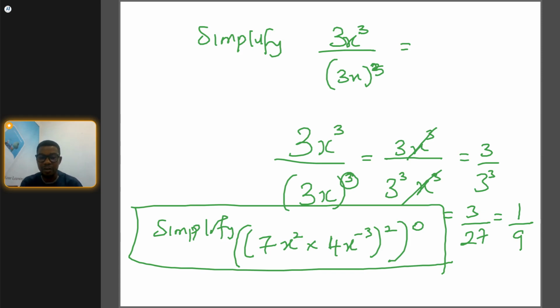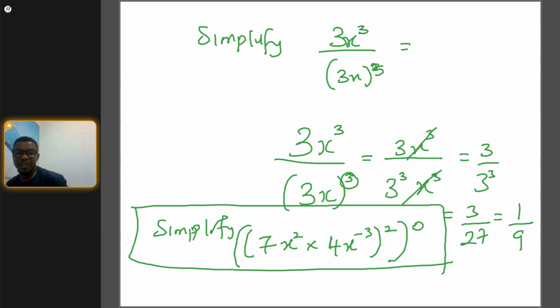And the law of indices states that anything raised to the power of 0 is what? 1. So you don't need to stress yourself to solve anything. So far, we have the last bracket raised to the power of 0. Then our answer is what? 1. Okay, that's good. I like your responses. Great response.